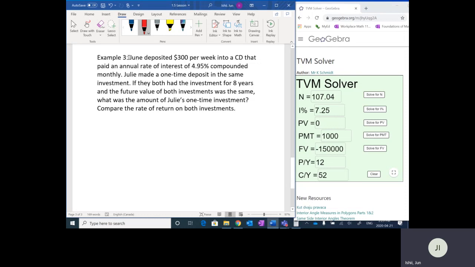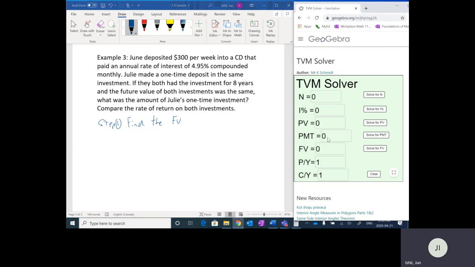Okay, so they give you all the details about June's investment. So what I'm going to do first, step one, I'm going to lay this out. Step one, we're going to find the actual future value. Okay, so to do that, we're going to figure out the future value of June's investment. All right, so it was $300 per week. So let me just clear that.